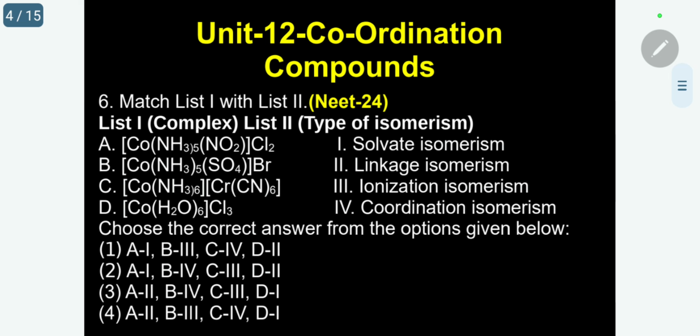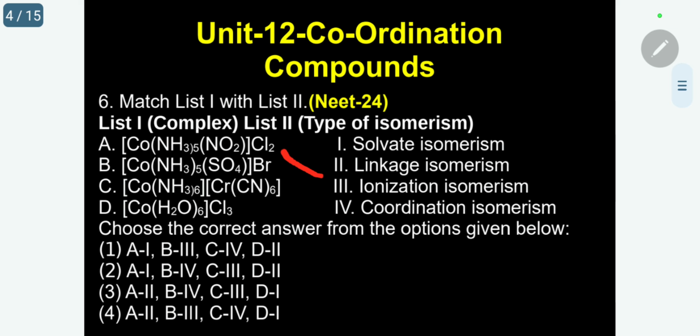So now let me go for the types, because this is regarding the nature of the magnetic. But we are interested only in the isomerism. In this case, A2 is linkage isomerism.